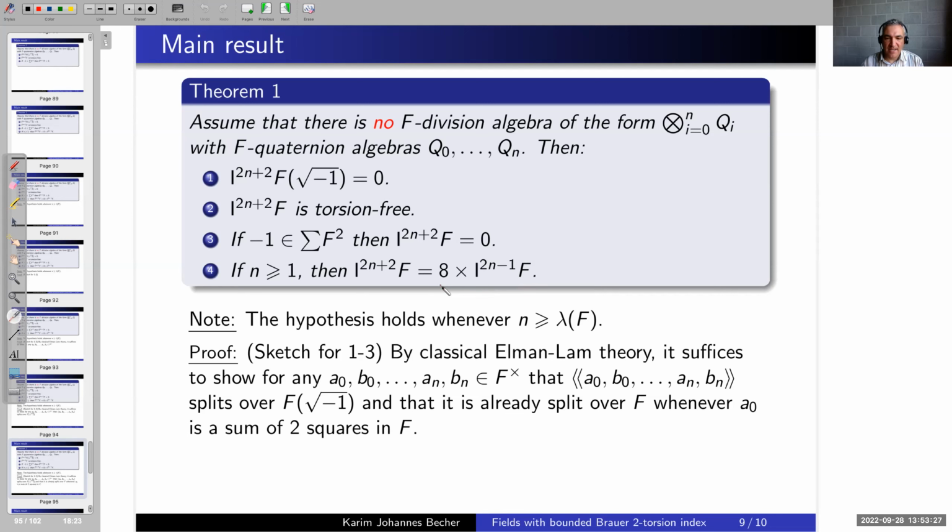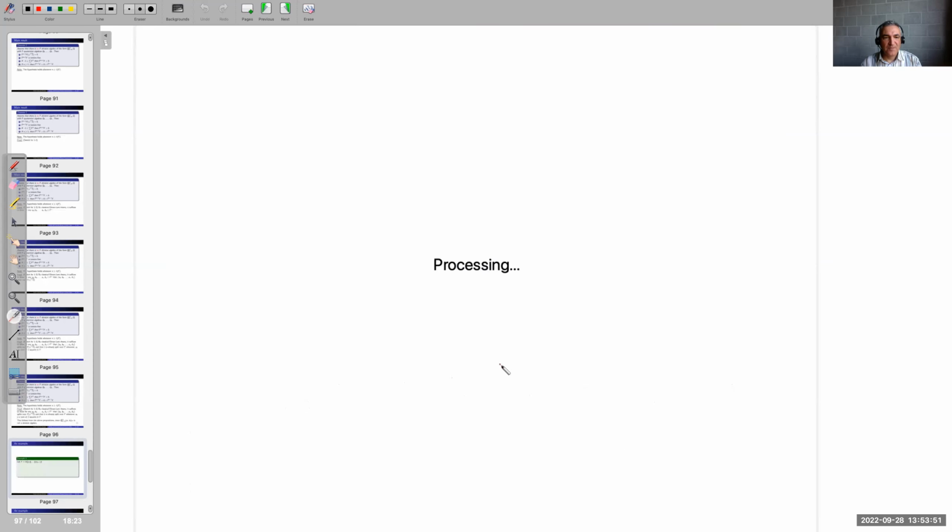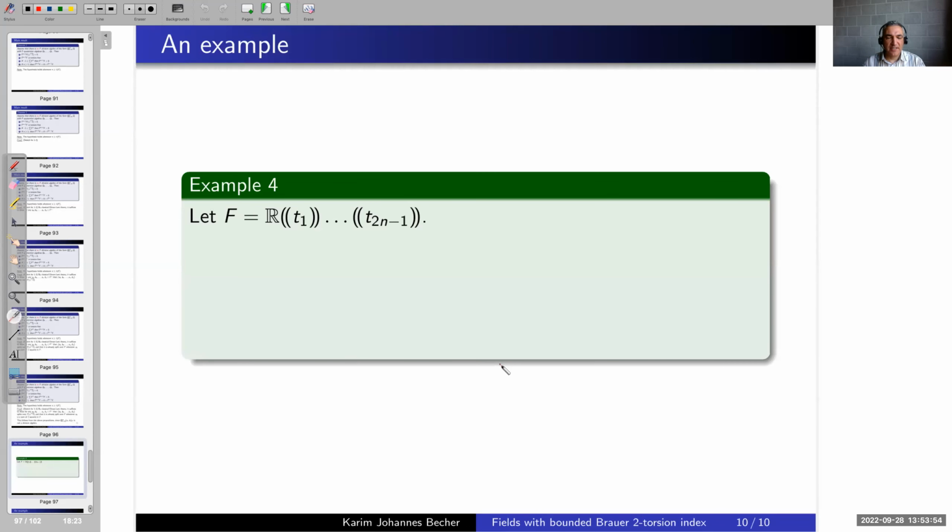So I will end by giving you an example of a field where we would have this hypothesis, and tensor products of n+1 quaternion algebras will always have zero divisors, but where you could not put here 16 and here 2n−2. This is, I guess, a relatively easy example. Namely, you take the iterated power series over R this time in 2n−1 variables.